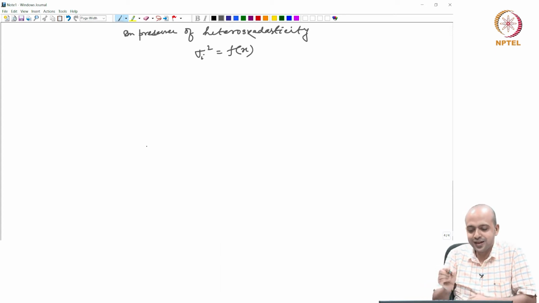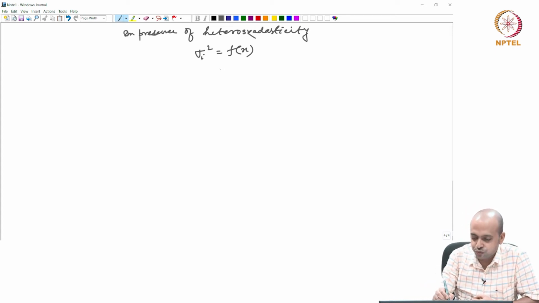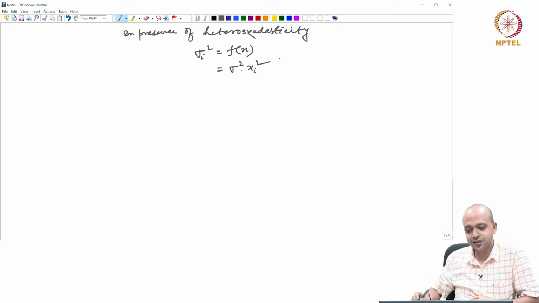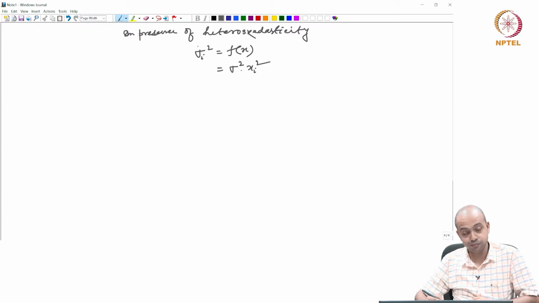For example, let us say I have assumed this type of functional form: sigma square times xi square. This is a specific functional form I have assumed between sigma square i and x. So, sigma square, a constant factor, multiplied by xi square. As x increases, you can understand how sigma square i will behave.